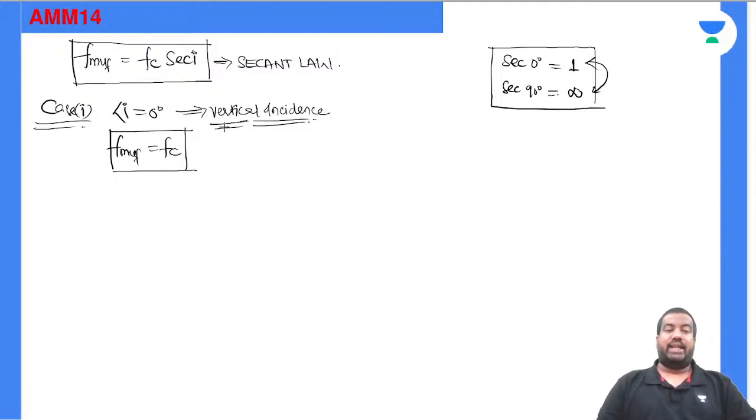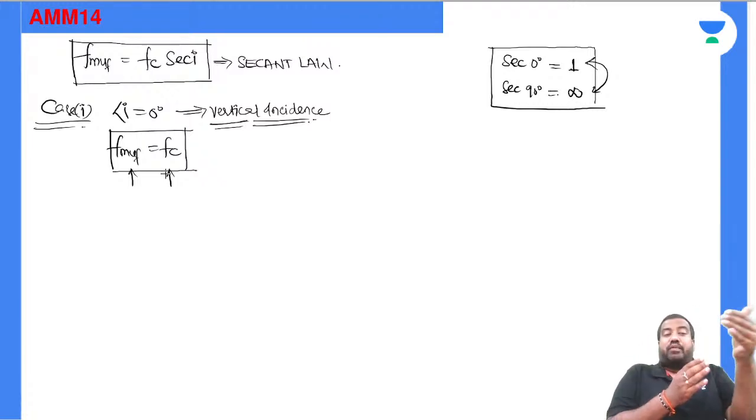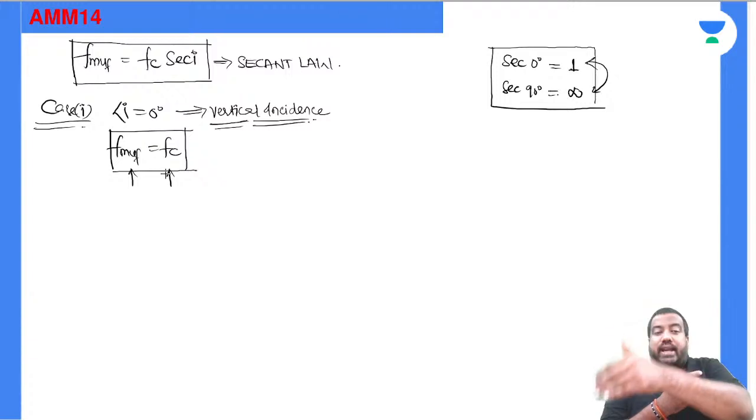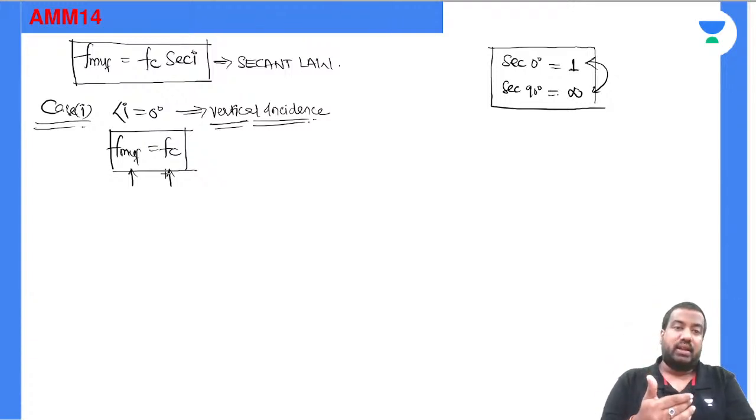At vertical incidence, maximum usable frequency is equal to critical frequency. That's the reason why I said that the critical frequency is the maximum frequency that can be reflected back by the ionosphere at vertical incidence.